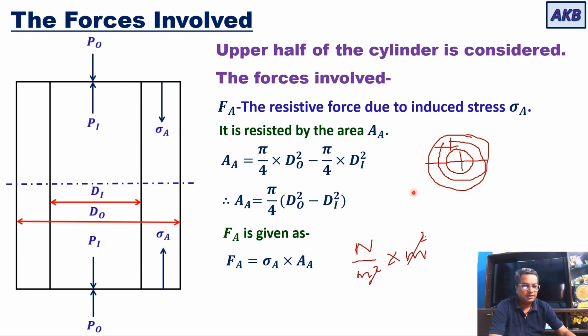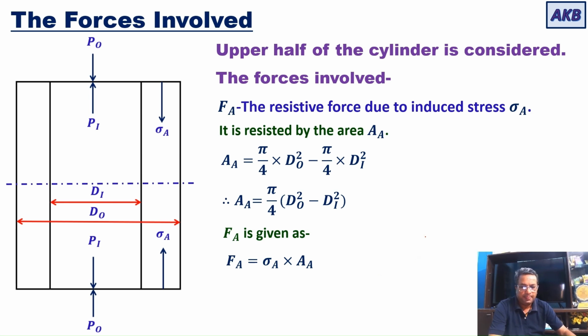So in this case, the resistive force is given by this equation. Fa is equal to sigma A into Aa. And how we got area Aa, let me show you once again. So you have the outer diameter and the inner diameter, and we are talking about this area. And this area is then given by this equation.